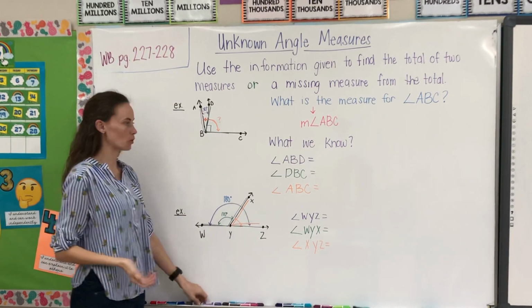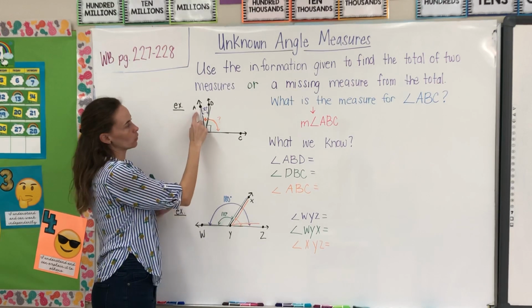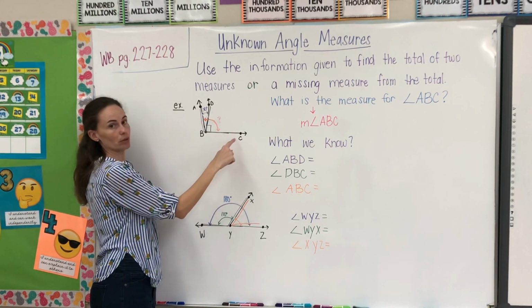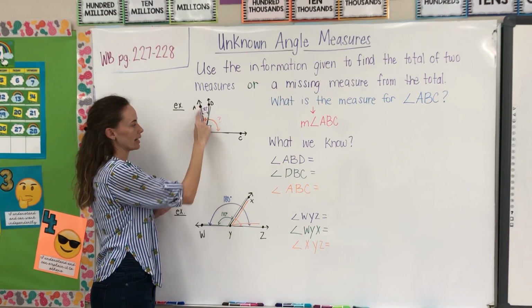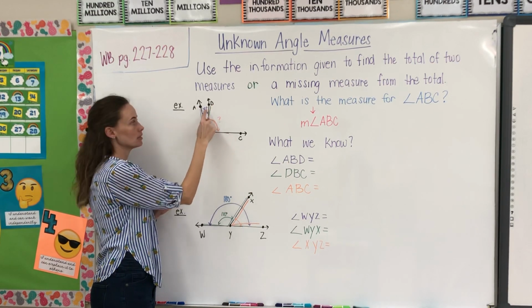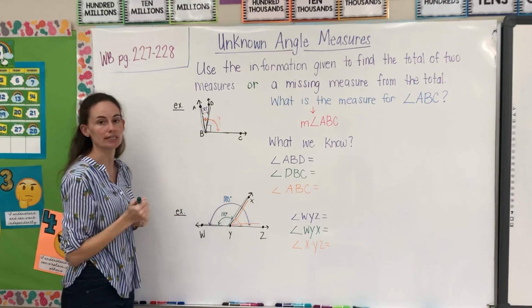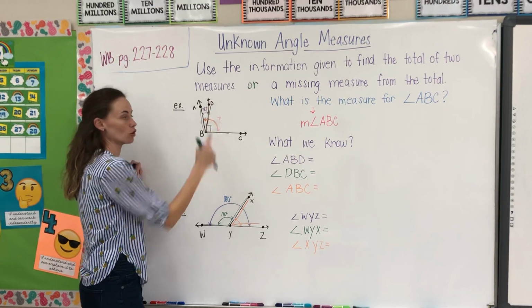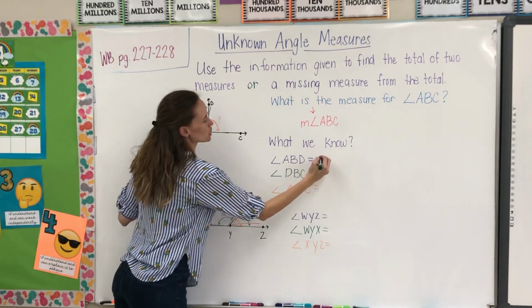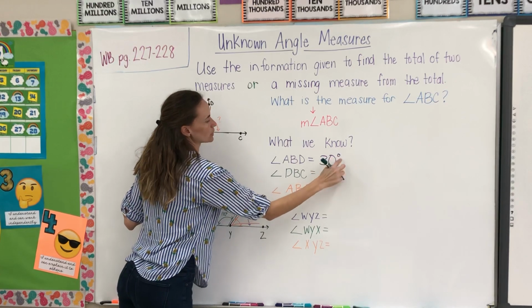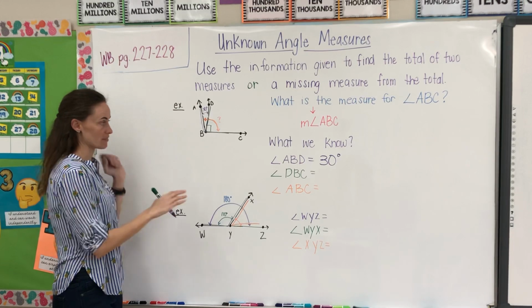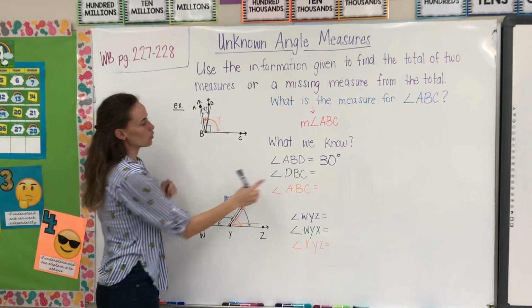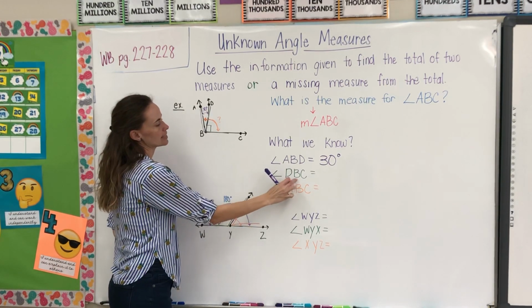Okay, so let's look at what we know. We know in this example that the measure of angle ABD is 30 degrees. The little circle, remember, is how you write degrees. So we have that information. Then what is the measure of angle DBC?